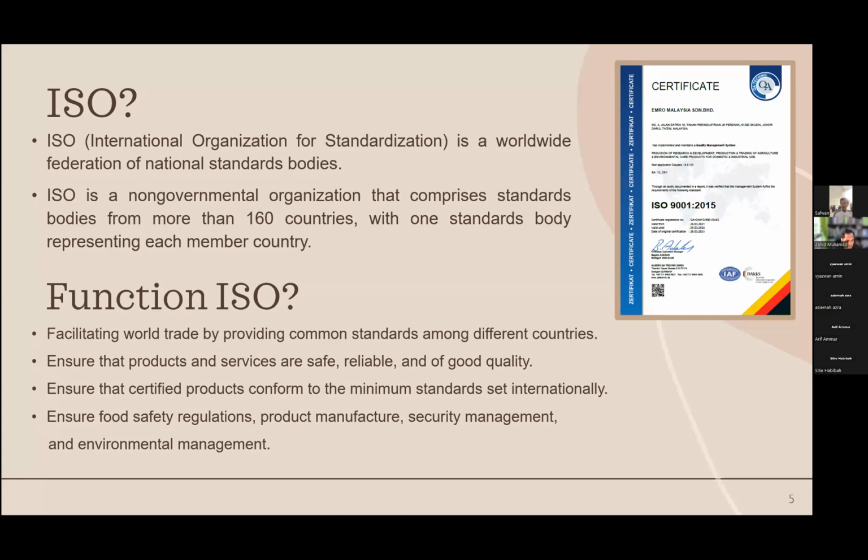So what is ISO? ISO is a worldwide federation of national standards bodies. It is a non-governmental organization that comprises the standards bodies from more than 160 countries, with one standards body representing each member country. So what is the function of ISO?